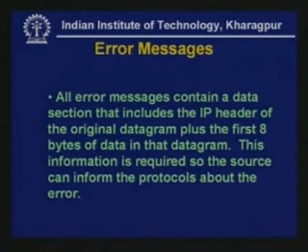So, all error messages contain a data section that includes the IP header of the original datagram plus the first 8 bytes of data in that datagram. This information is required so the source can inform the protocols about the error. What would happen is that from the original packet which was, let us say, dropped, the IP header is sent back, so that you know to which machine, which is the source, you want to send back this ICMP message.